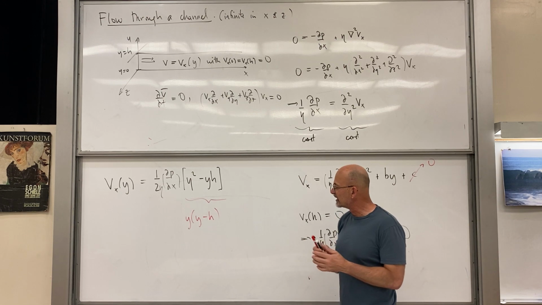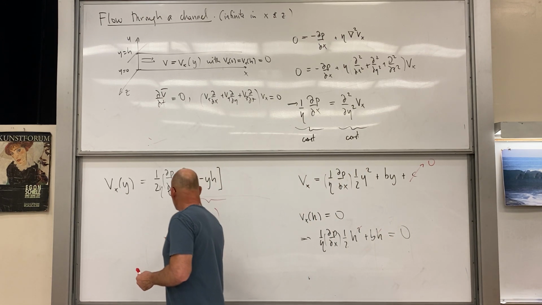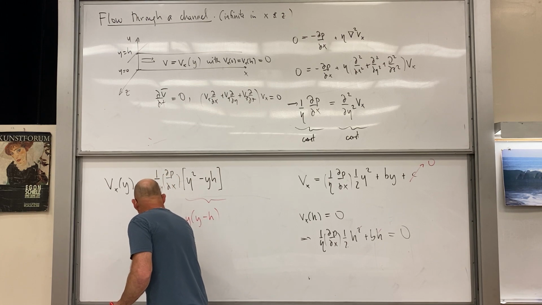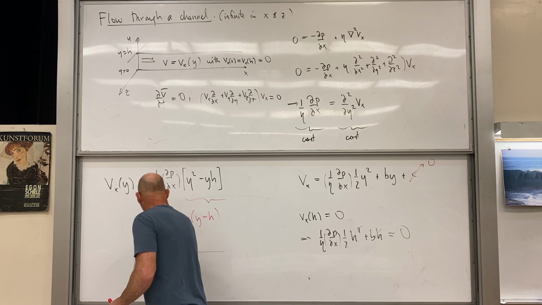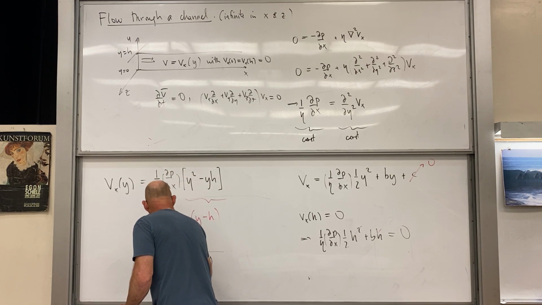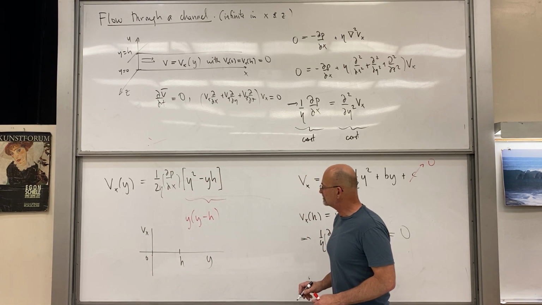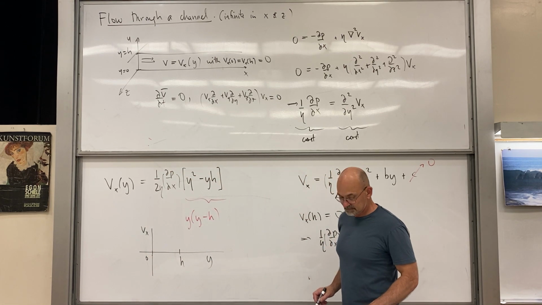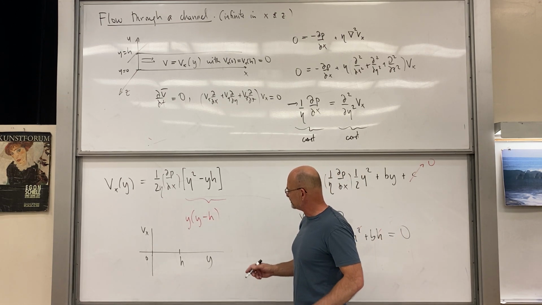Now let's sketch this and make sure everything makes sense. So I'm going to sketch v sub x as a function of y. Here's my 0, here's my h. Okay, vanishes at 0, vanishes at h.